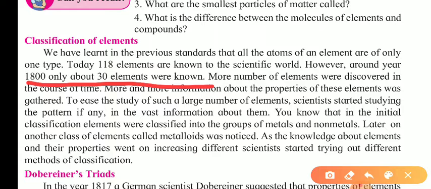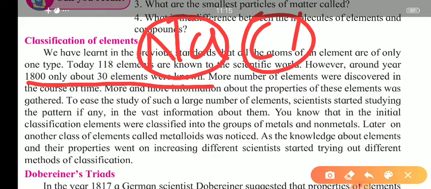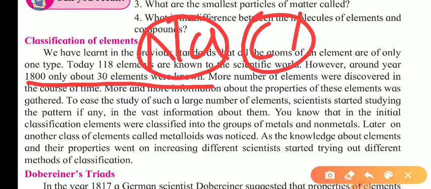Like if I am talking about common salt, it's made up of sodium and chlorine, one single atom of sodium and a single atom of chlorine. NaCl, common salt, is made up of what? One sodium and one chlorine. This combines and forms the compound sodium chloride. So these elements should be studied in detail.